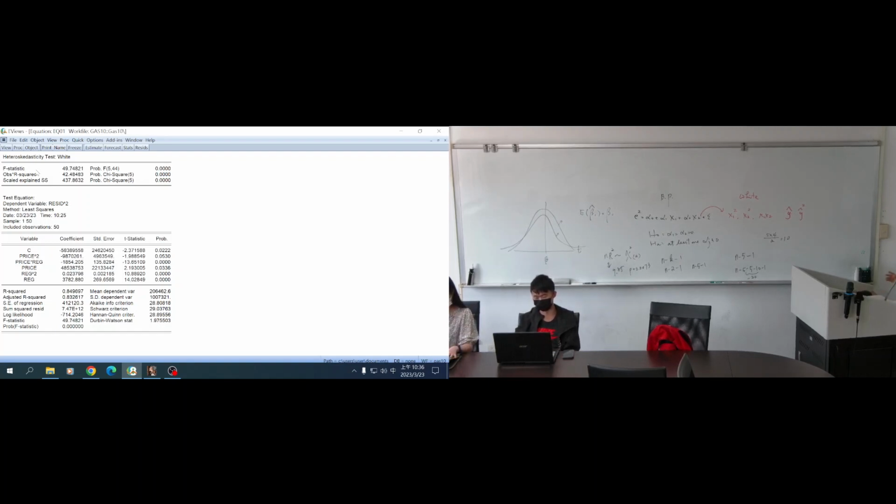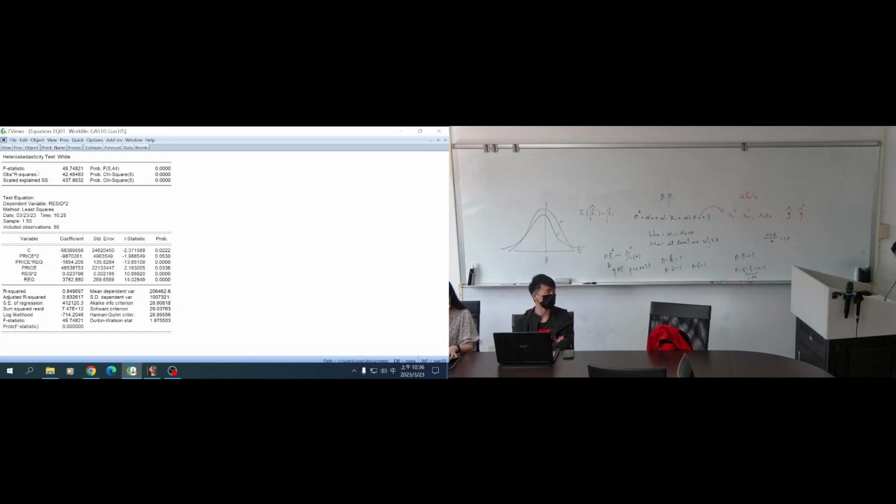So in order to solve the problem, there are several ways to do it. I'm going to describe one that is most popular and easier, and you can get it from the computer. We have these remedies in our textbook too.